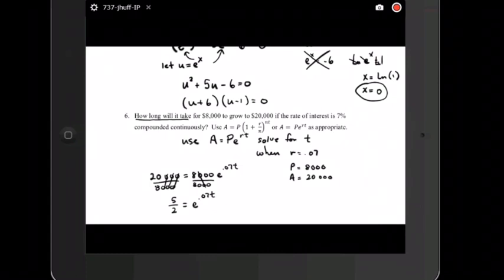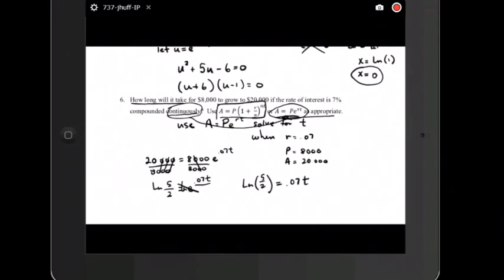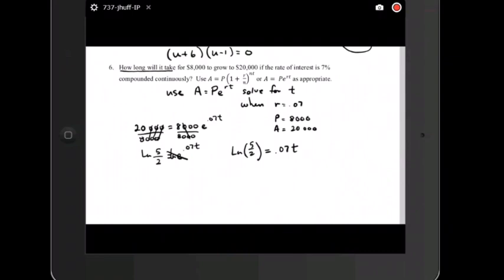And then we need to get this exponent, 0.07t. In order to solve for t, it can't be an exponent, so we need to cancel the base e, and that's going to take the natural log on both sides. Natural log. So now we have the natural log of 5/2 equals 0.07 times t. And then if we divide by 0.07, that solves.